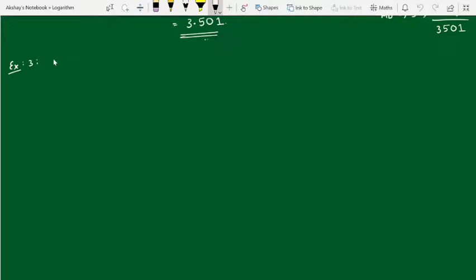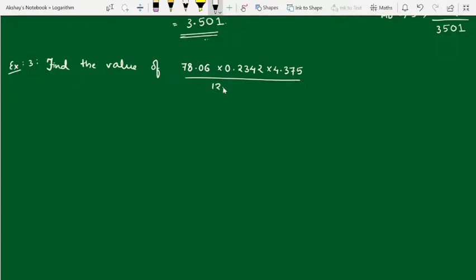Let us suppose that we have to find the value of 78.06 into 0.2342, into 4.375 divided by 12.34 using the logarithm table.